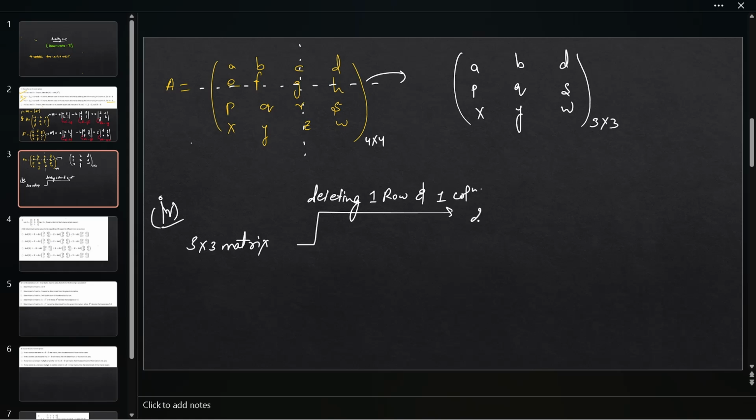That would result in a 2 cross 2 matrix. So a 3 cross 3 matrix can have a submatrix of order 2 cross 2. On the other hand, if I delete any two rows and any two columns, I will get a 1 cross 1 matrix.